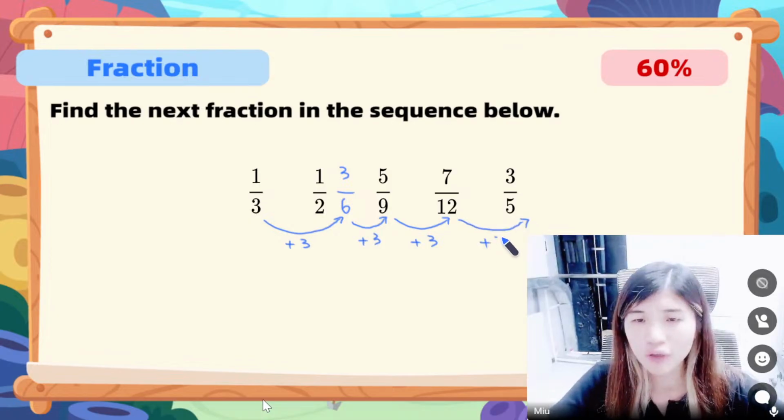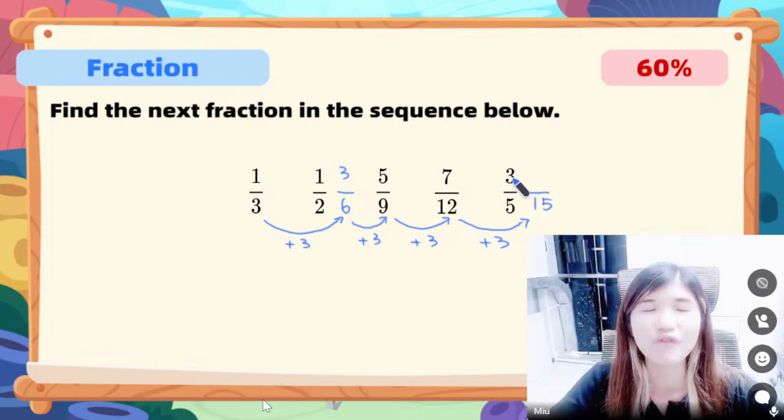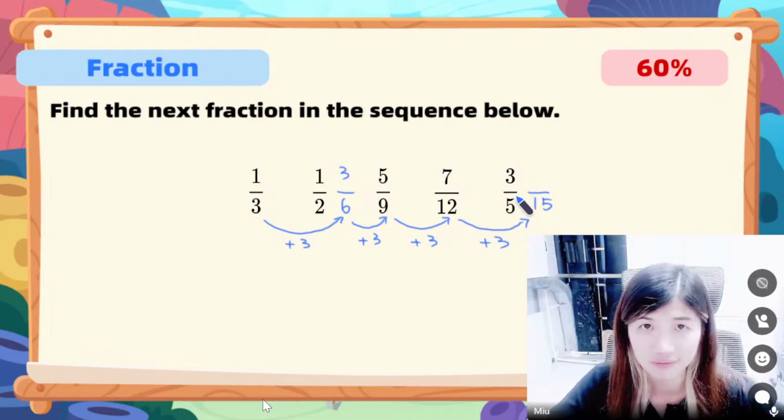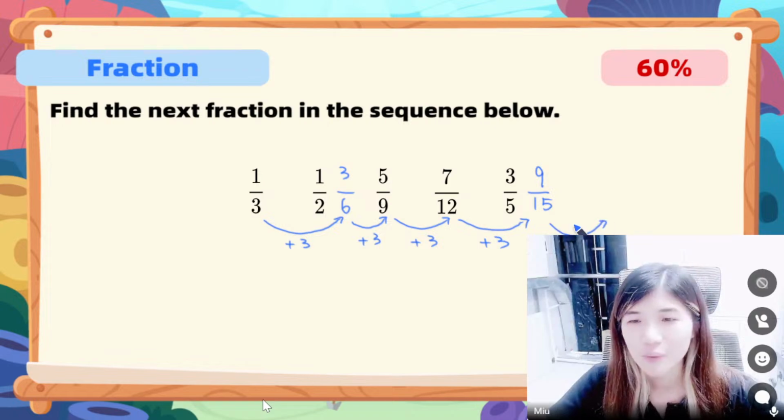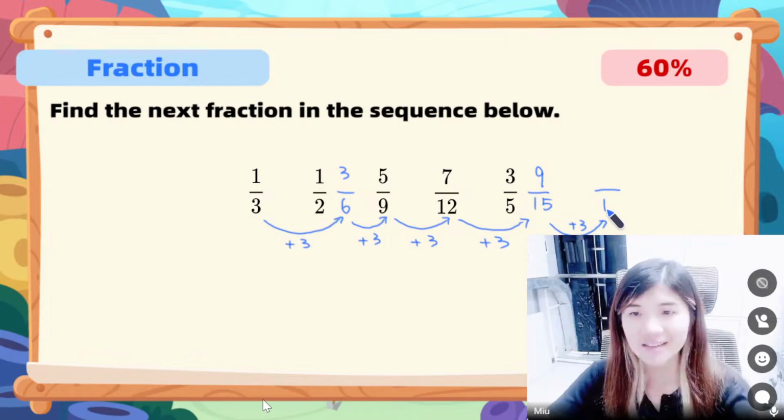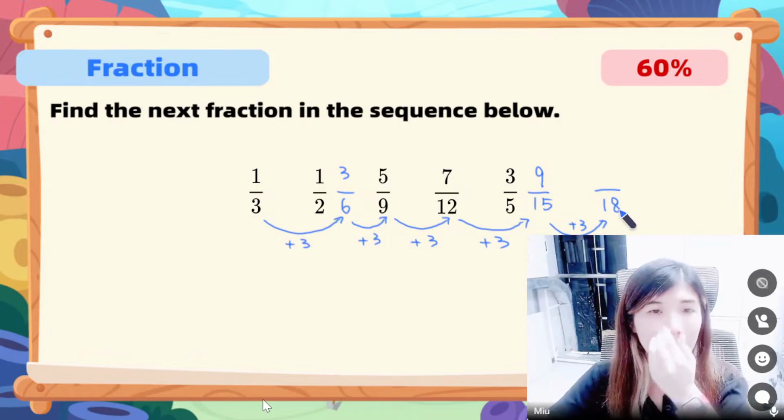When you go 3 more, it's supposed to be 15, right? So when it is 15, can you find the equivalent fraction to it? Times 3, which is 9. All right. Now the numerator we find out, we're supposed to increase by 3 to go to what? 18. Then continue. What next?